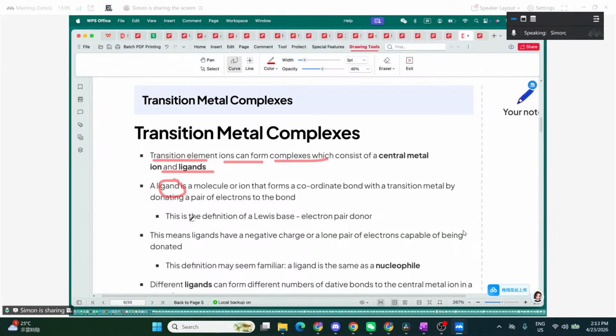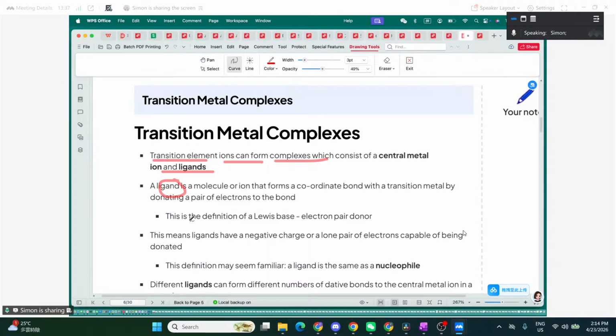So in this process, it is a little bit similar to another process. What is the other process that is similar to the ligand? It is the nucleophile. So how is the nucleophile?